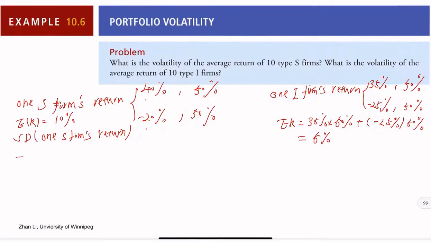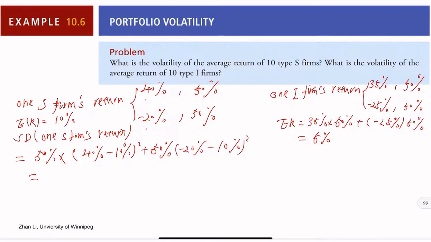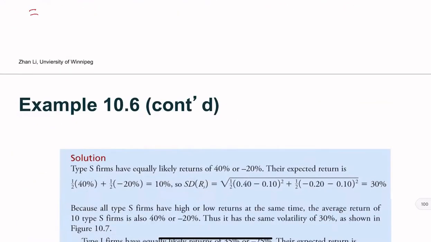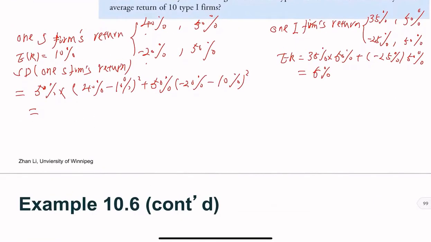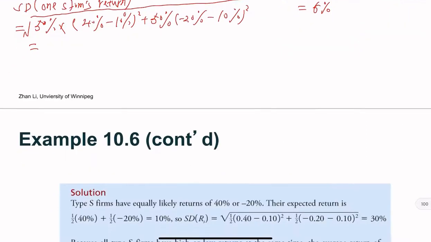Now the standard deviation would be the square root of probability times squared deviation plus probability times squared deviation, right? Oh, I forgot the square root. So this gives us 30%.